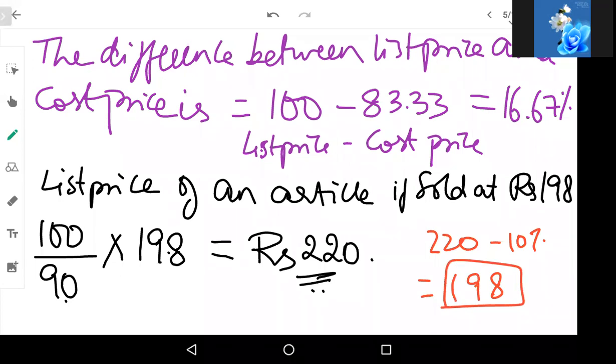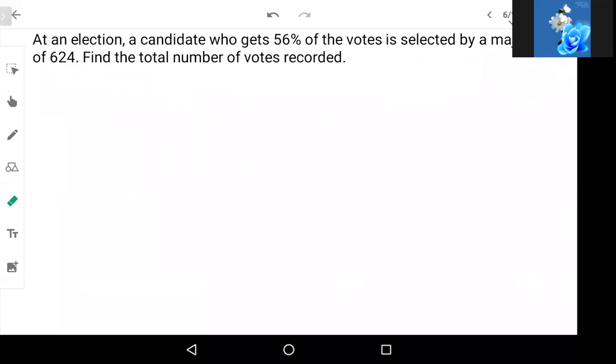So which means the manufacturer list price was 220 and he gave a 10% discount and he's selling the product at 198 rupees. I hope it is clear to everyone. Good. Now let's go to the next question then.